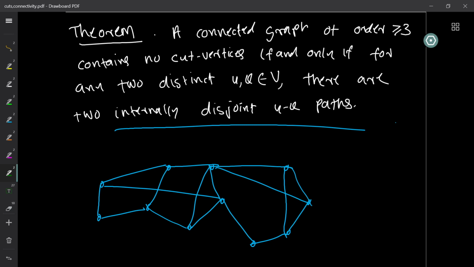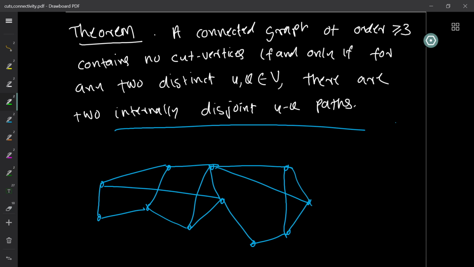So the theorem says that a connected graph on at least three vertices contains no cut vertex if and only if for any two distinct vertices U and V, there are at least two internally disjoint UV paths. So this is basically the result. So how do we prove this?